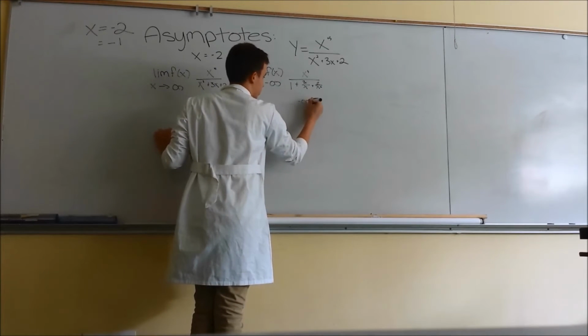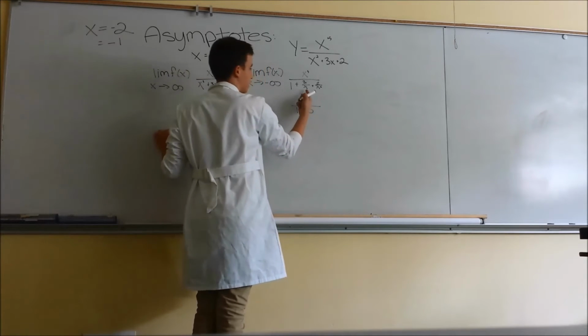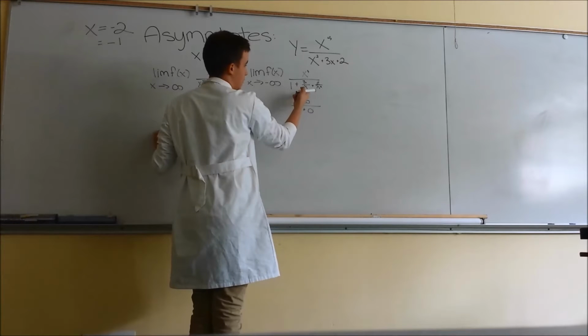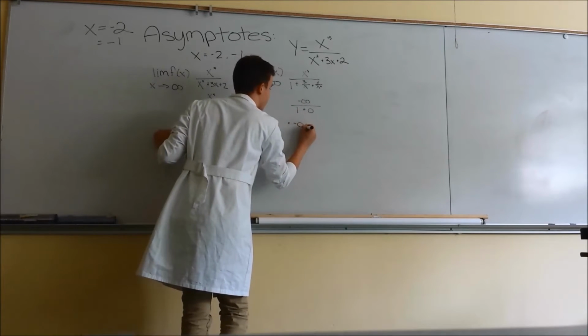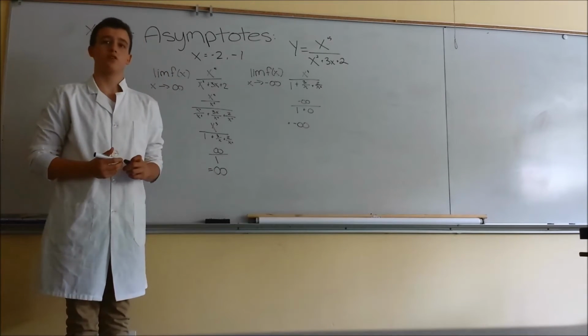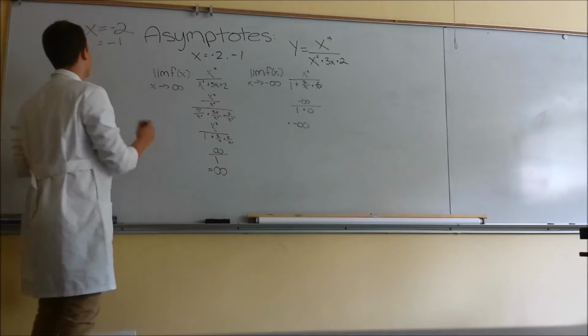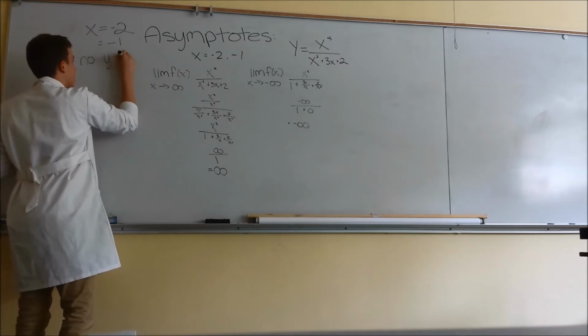So we have negative infinity over 1 plus 0, because yet again these become negligible in the equation. So then our answer is just negative infinity, which coincides with this to prove that there's never a horizontal asymptote on our equation. So no y.